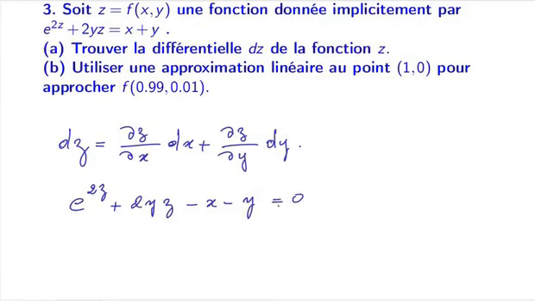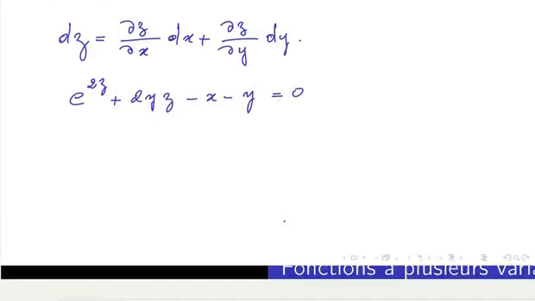We will differentiate or partially derive this relation with respect to x and with respect to y. So we can call this g of x, y equals 0.